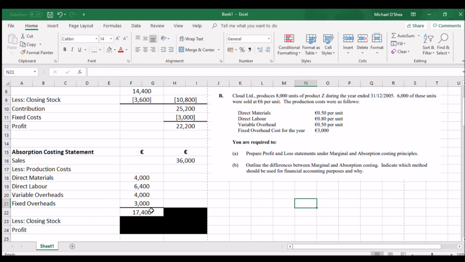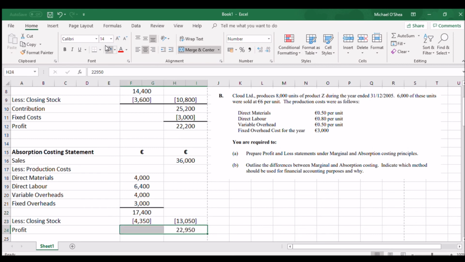Again, it's 25%, nothing else changes. 25% of 17,400 is 4,350. If I take that away from 17,400, it gives me 13,050. And then my last profit figure is going to be the difference, 22,950. Again, the only difference is fixed cost was down here in a marginal costing statement, as we would normally do it. But for absorption, it comes ahead. Closing stock also comes into play, but as I said, it's literally what's left over as a percentage of what's produced, and you're just allocating that towards your cost.